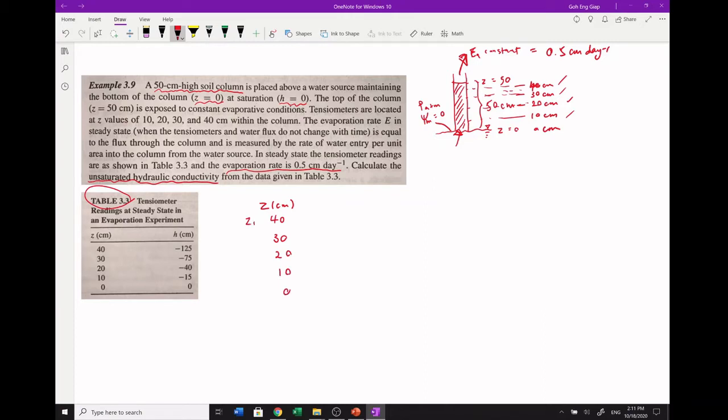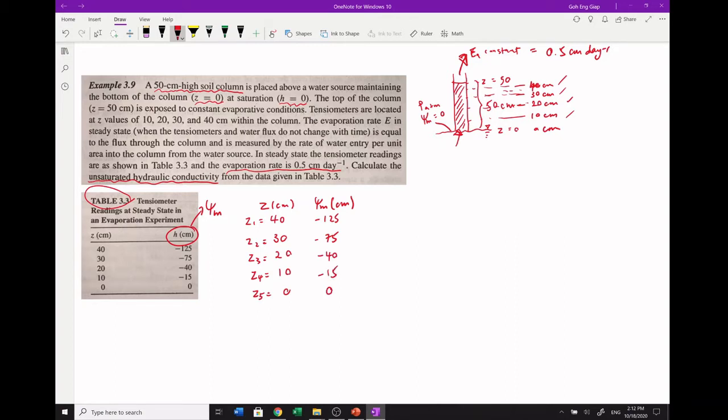So we have Z1, Z2, Z3, Z4, and Z5. And of course we also have this matric suction, in centimeter, and here we have negative 125, negative 75, negative 40, negative 15, and 0.